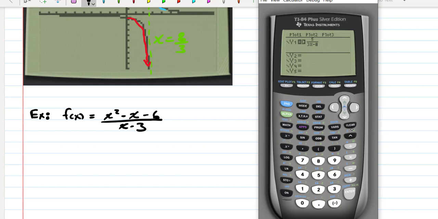So we go y equals, and I have my fraction. I would go x squared minus x minus 6 all over x minus 3.